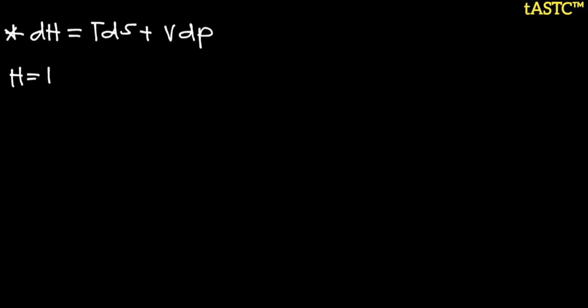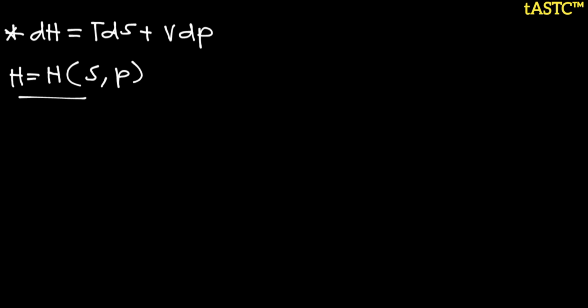So the next thermodynamic potential that we need to use, we're going to use dH. dH is equal to TdS plus VdP. Now what this means is, this is not a hydrogen. This is the symbol for enthalpy. Please do not be confused. We have H, and that depends on the entropy and the pressure.